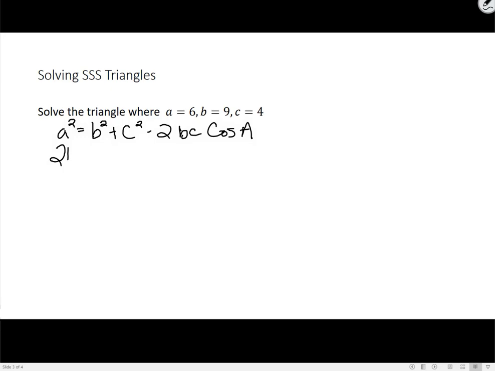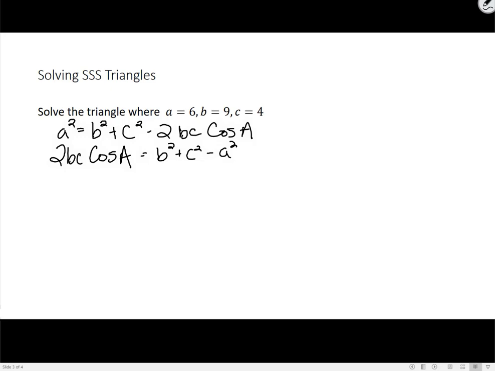Now I have cosine of A on the left-hand side, and A squared on the right-hand side.